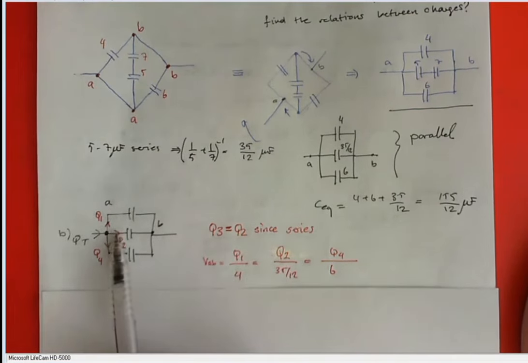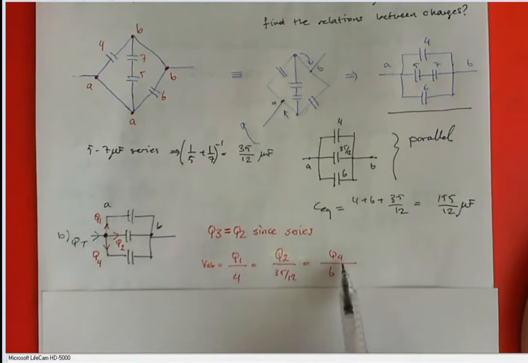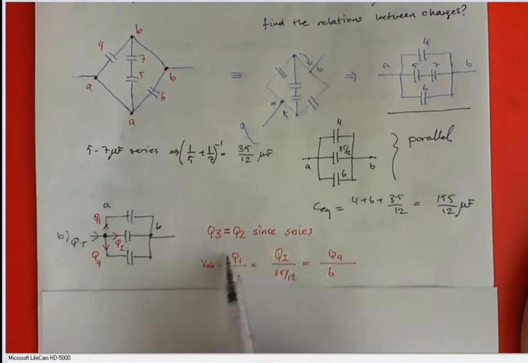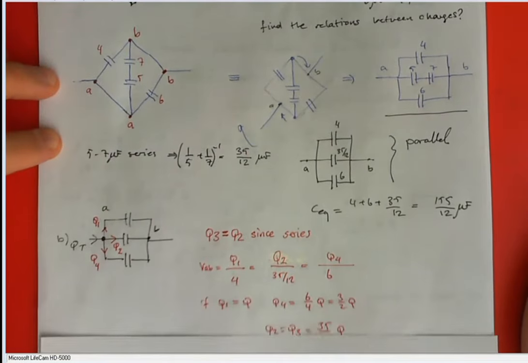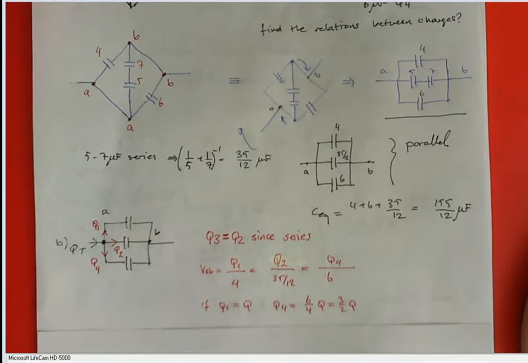For Q2 it is Q2 divided by 35/12, and for Q4, we divide by 6, and that will be VAB. So these are the relations between the charges. Next, if we call Q1 to be Q, then we can write everything in terms of Q. So Q4 would be 3/2 times Q.